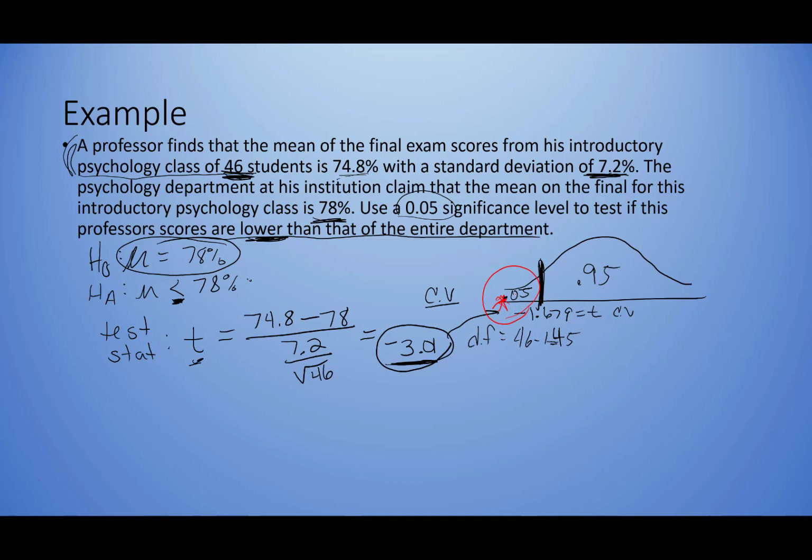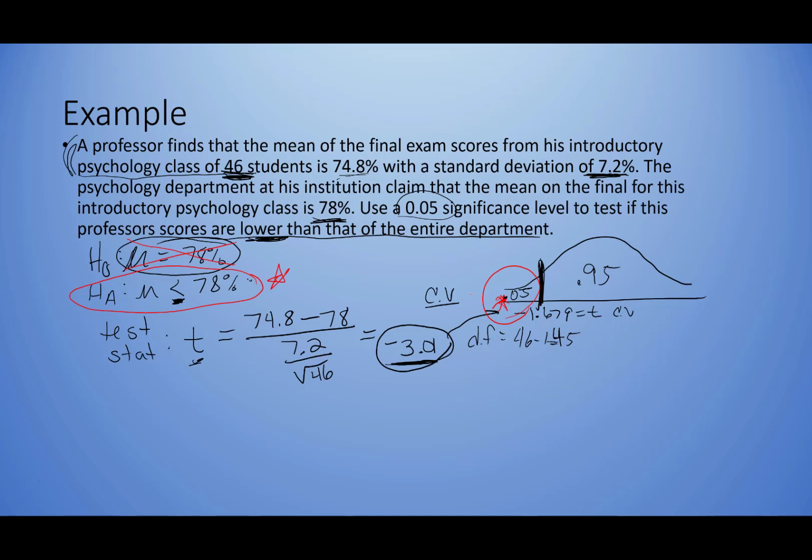So at this point, we could then lead to the conclusion that we are able to reject the null hypothesis. So we're essentially saying that's not right. And we have enough evidence to support our alternative hypothesis. So we could say that we have sufficient evidence at the 0.05 significance level to support the claim that this particular professor's final exam scores really are lower than the mean of 78 of the department.